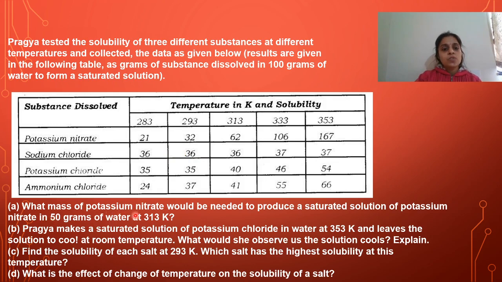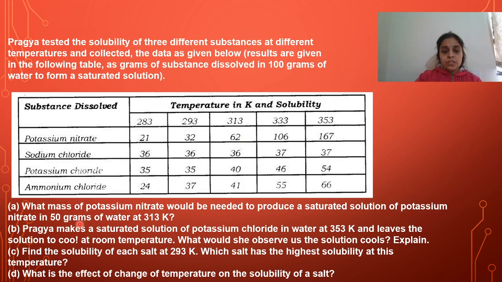Okay. What mass of potassium nitrate would be needed to produce a saturated solution of potassium nitrate in 50 grams of water at 313 Kelvin? The solubility, we know, is for 100 grams of water. That's a standard one. So potassium nitrate at 313, 62 grams will dissolve in 100 grams of water.